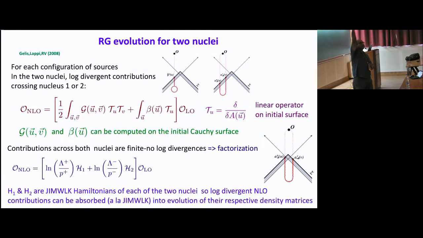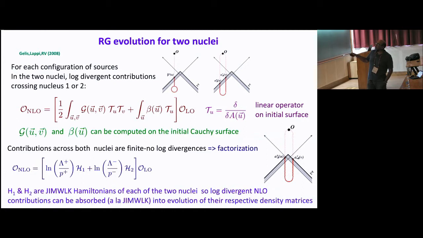For inclusive quantities, I don't need to think about boundary conditions at plus infinity. The problem can be mathematically reformulated exactly into specifying data on some initial surface at minus infinity. So all I then need are retarded propagators to actually advance into the forward light cone and compute something there. So it turns out that you can actually formulate this object that I'm computing at next to leading order.